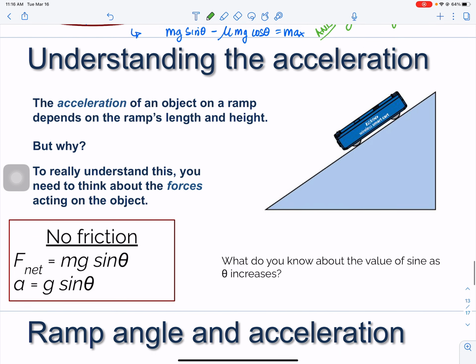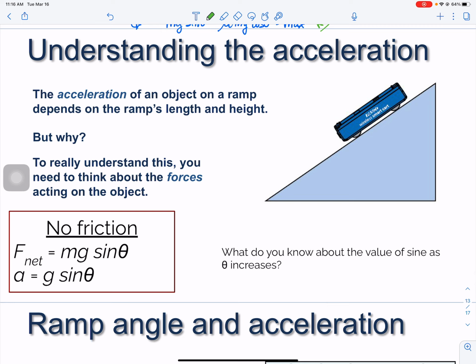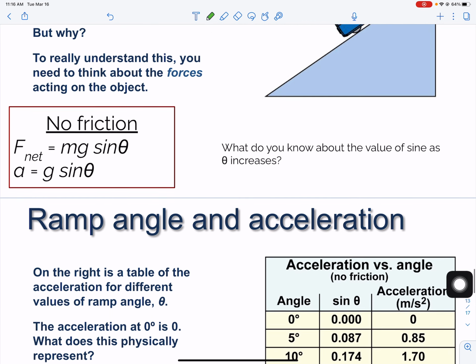Okay, so we know that the acceleration of an object on a ramp depends on the ramp angle. And to really understand this, we need to think about the forces acting on the object. And so we know the acceleration is g sine theta. So what do we know about the value of sine as theta increases?